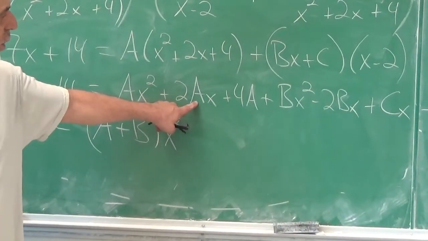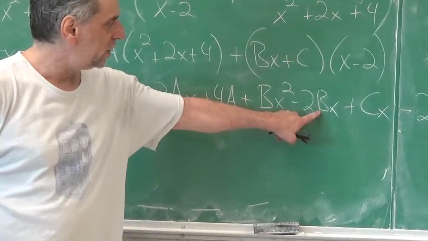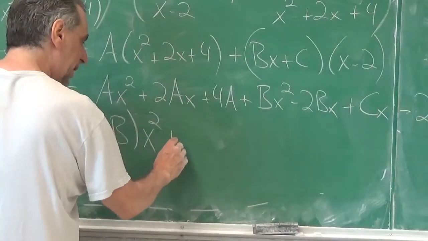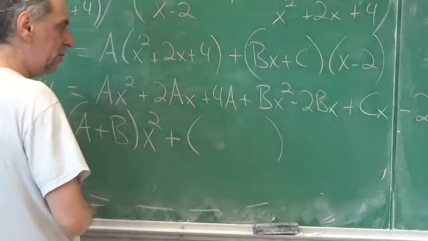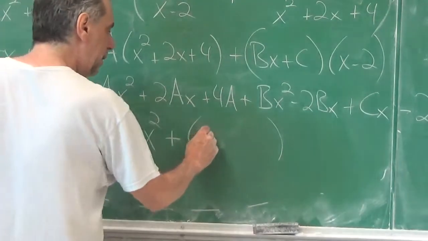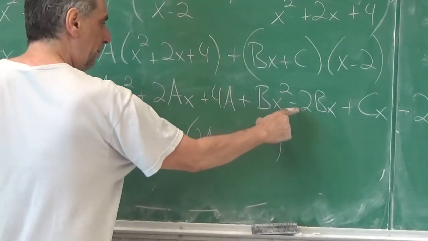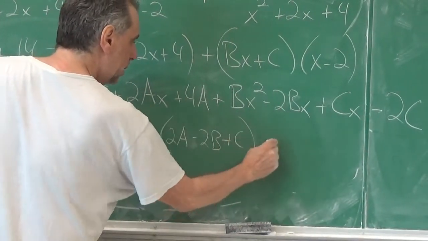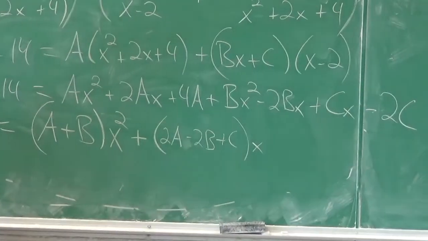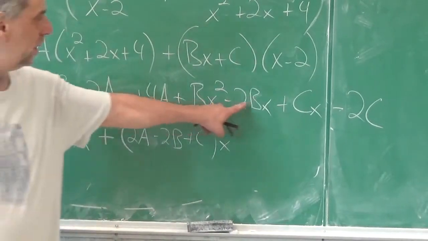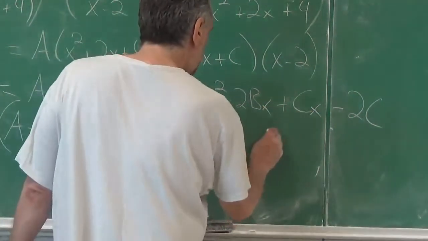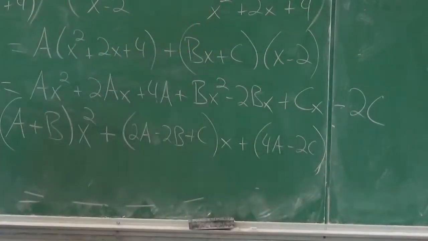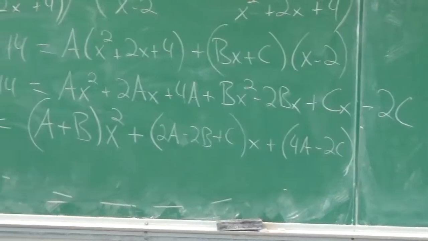The x's, we have 2a minus 2b plus c. So again, I'm going to put a plus and then put all those values in parentheses: 2a minus 2b plus c on the x term. And the constants, 4a minus 2c, again in parentheses. And that all equals this side.